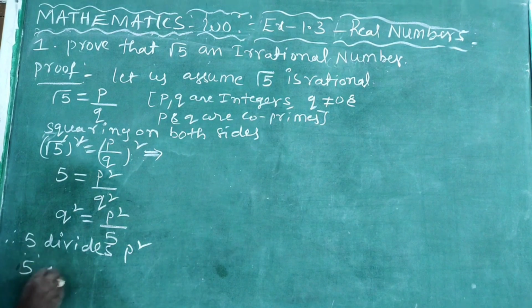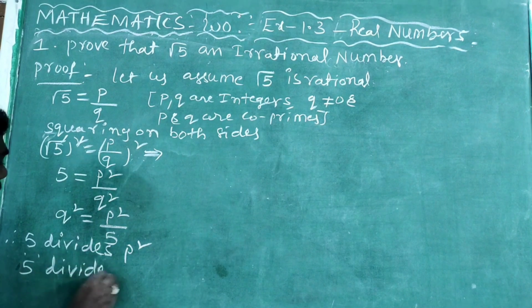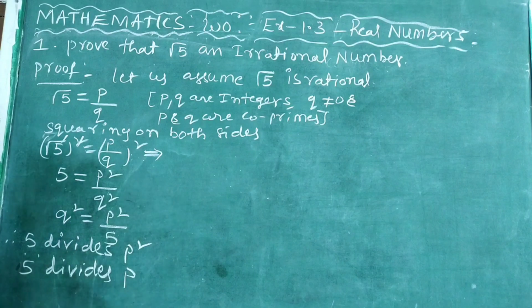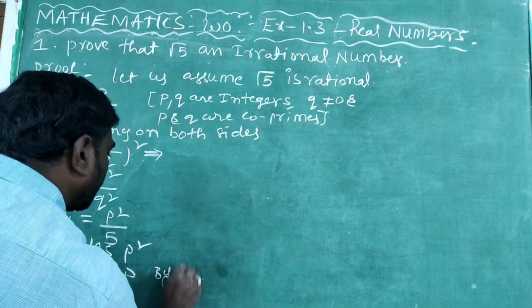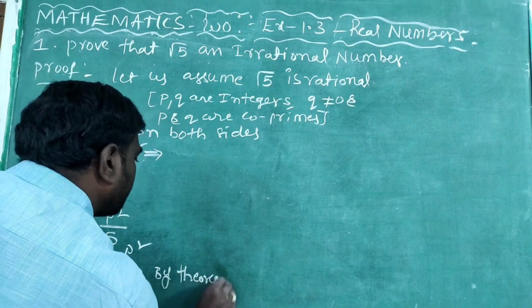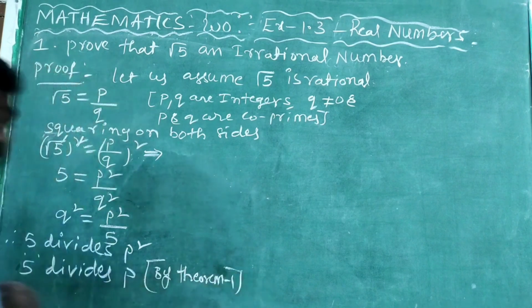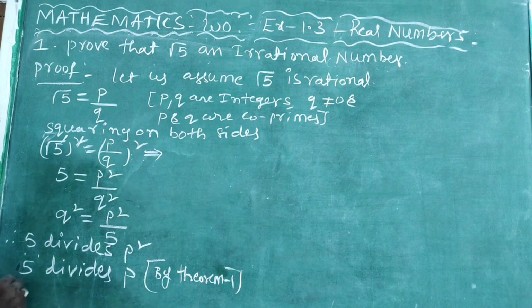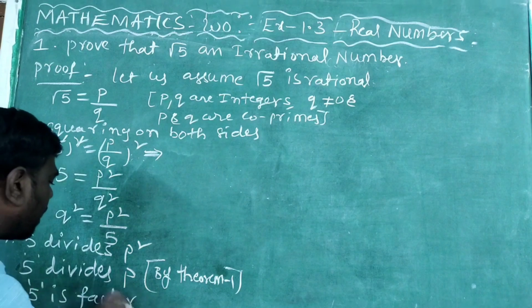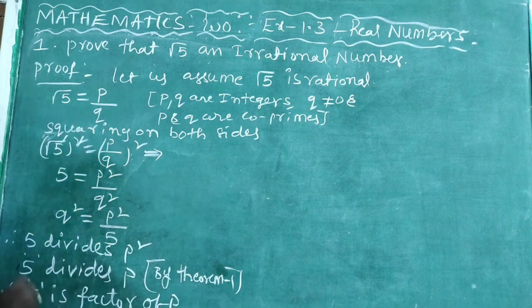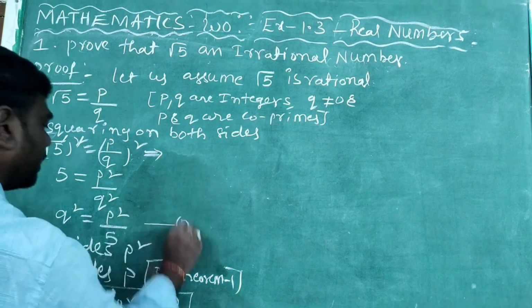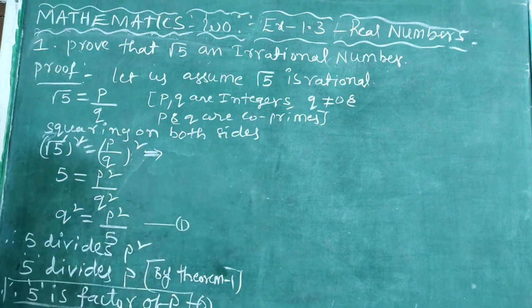So 5 divides p also, by theorem 1. Therefore 5 is a factor of p. This is equation 2.